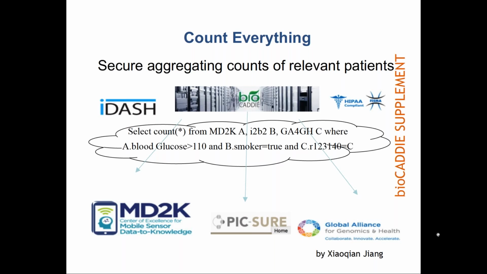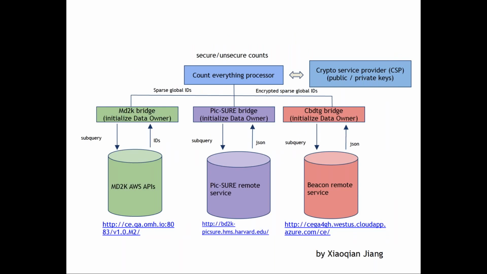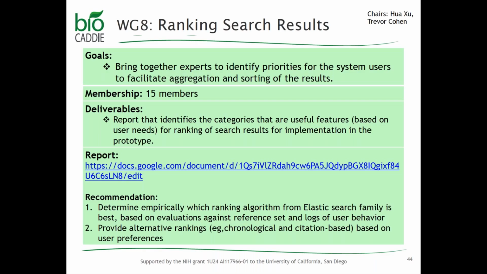So that's where we've designed this in such a way that it's done through encryption, and all those communications and the aggregation are done in a secure environment. So this is a supplemental project that involved these 3 other centers of excellence, these other BD2K centers.